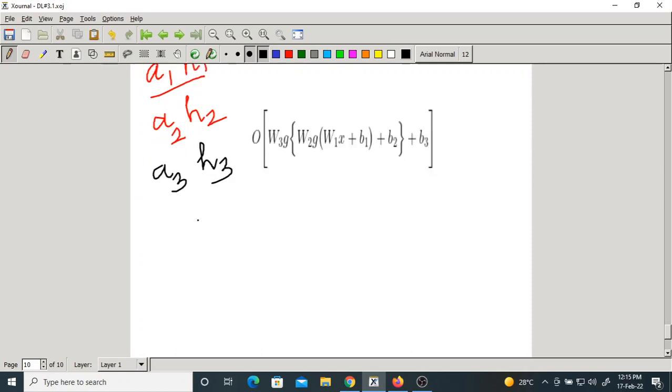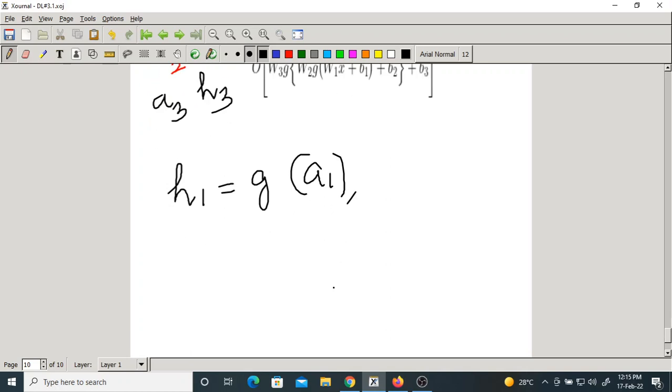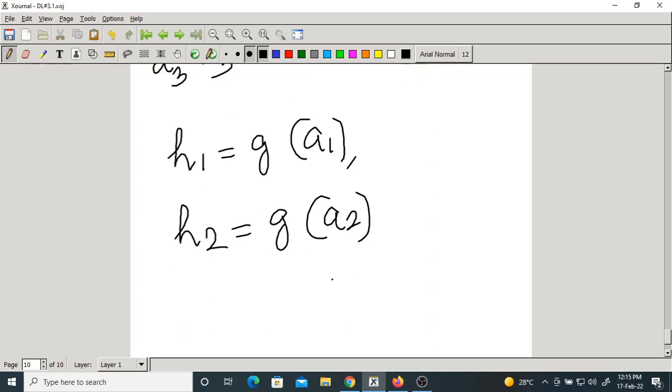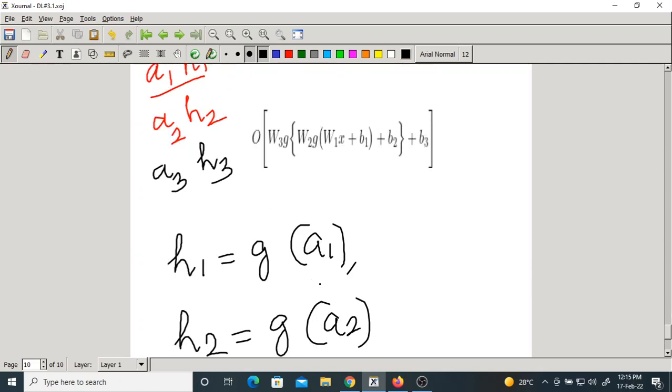Now, H1 equal to G of A1. Next, H2 equal to G of A2. H3 equal to, that is the last layer, O of A3, correct?